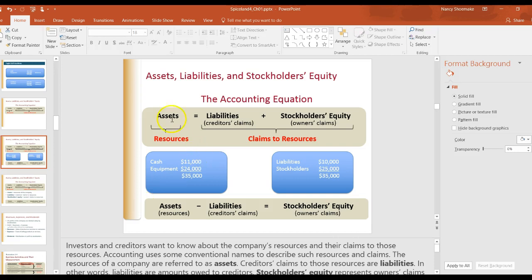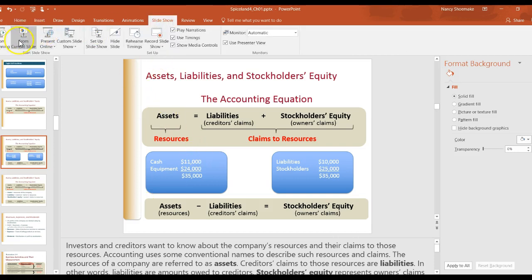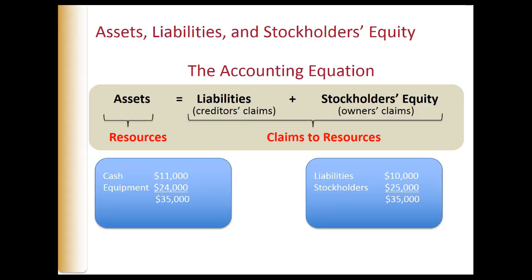So let's take our example of the golf company. The assets that we're referring to, or the resources, include the cash of 11,000 and the equipment of 24,000.